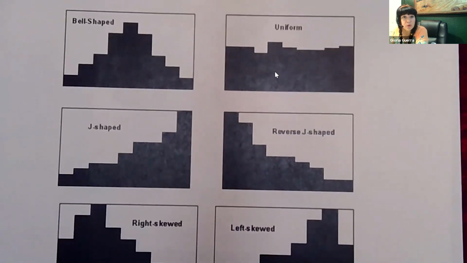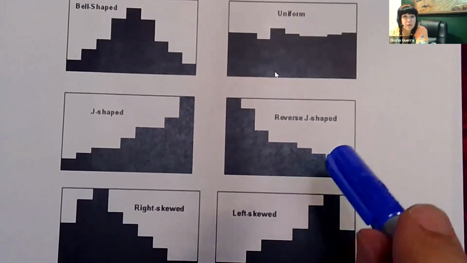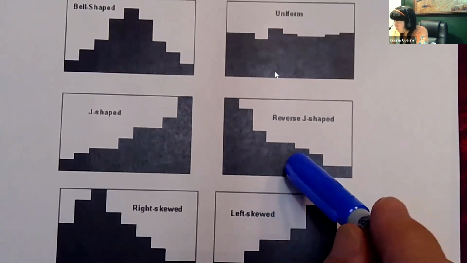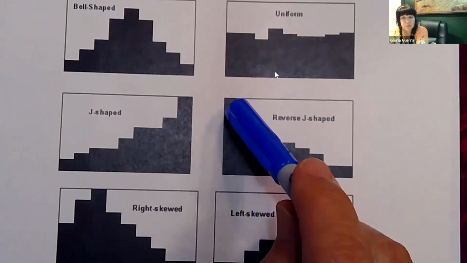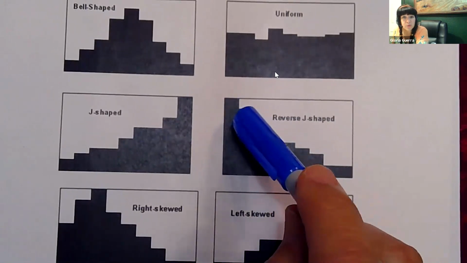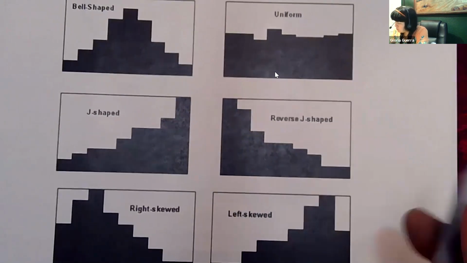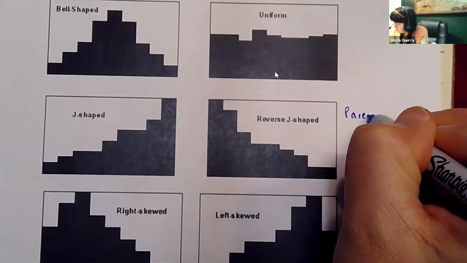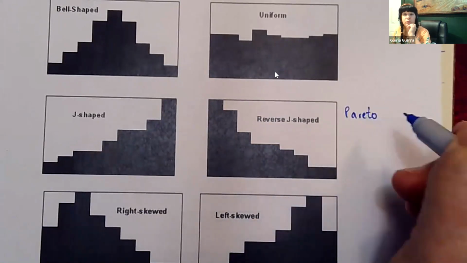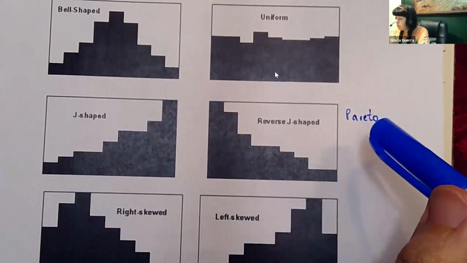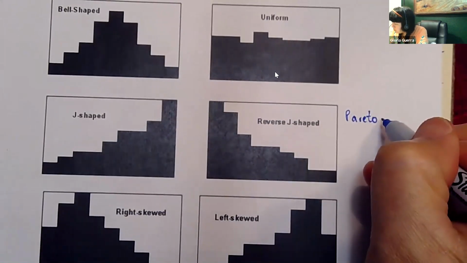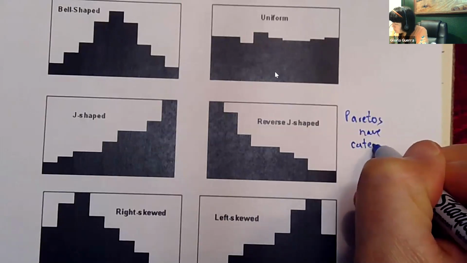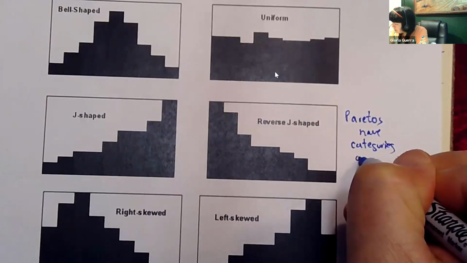When we do 2.3, you will talk about, I believe it's the reverse J shape. That's called oftentimes a Pareto. It's kind of associated with a Pareto, but Paretos have categories on the x-axis.